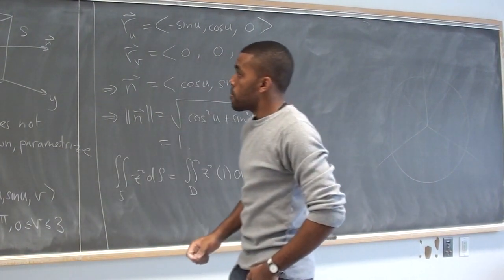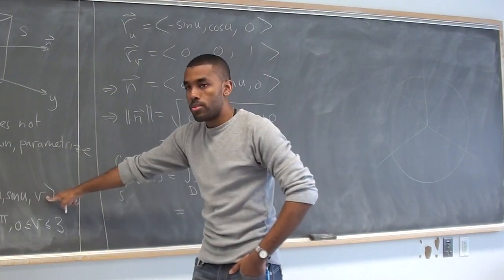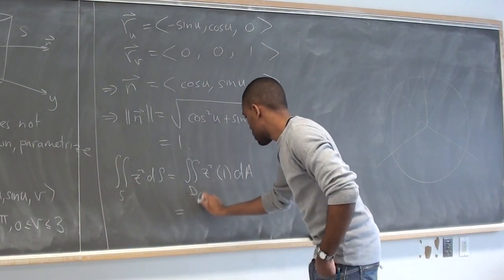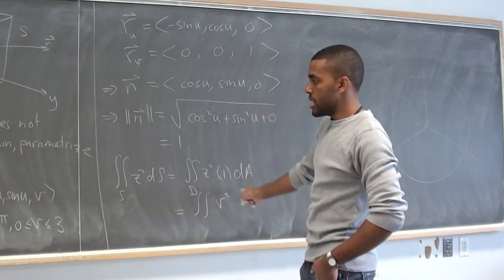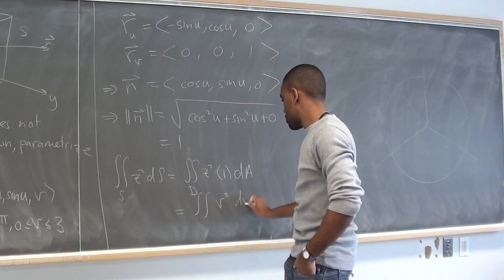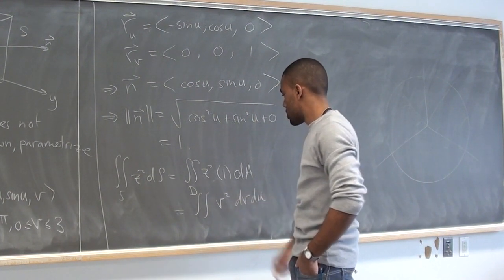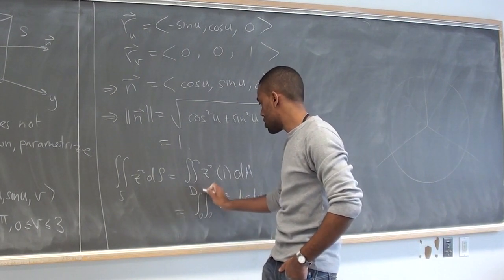So here, now my z, remember, is just v. So it's v squared, and my dA is just dv du. My v goes from 0 to 3, and u goes from 0 to 2 pi.